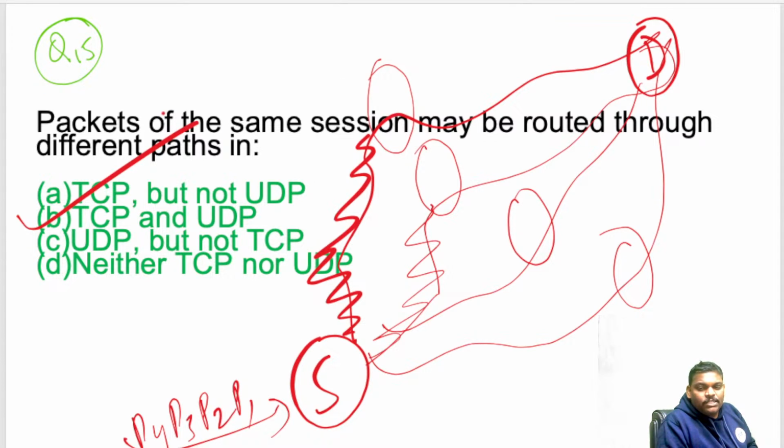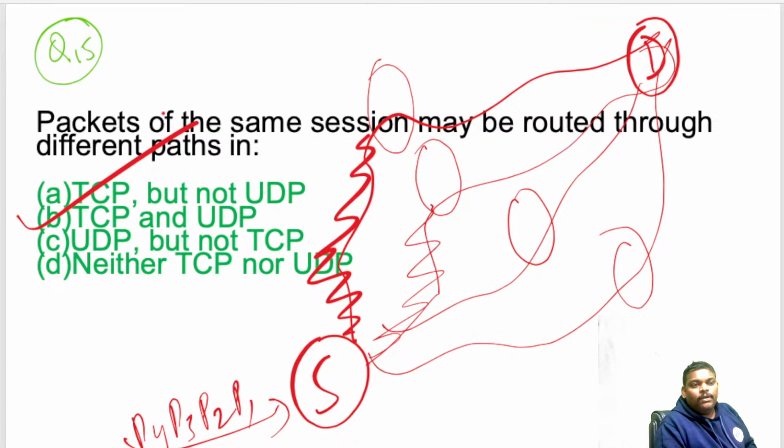It is decided by the routing algorithm. Whichever is the better routing algorithm will be followed. In appearance, it looks like TCP is circuit switching, connection oriented. People think that connection oriented means all packets go on the same path.